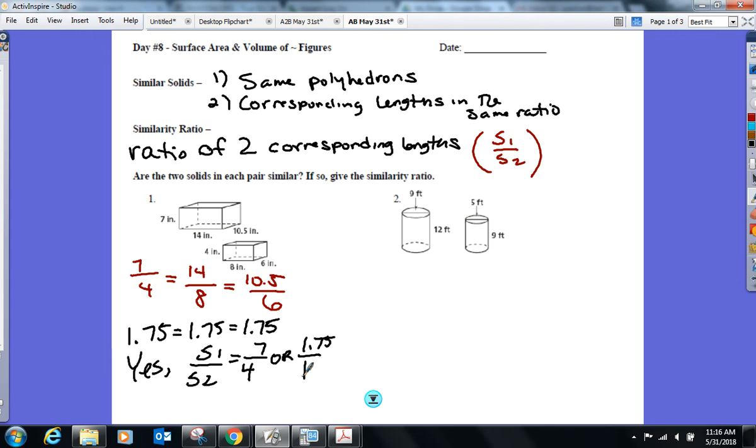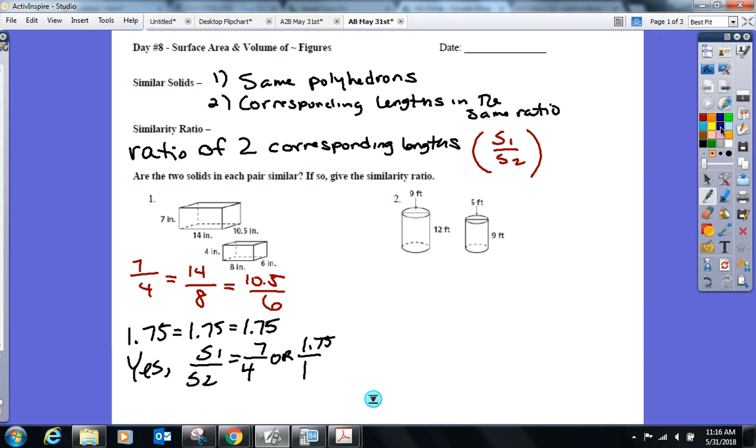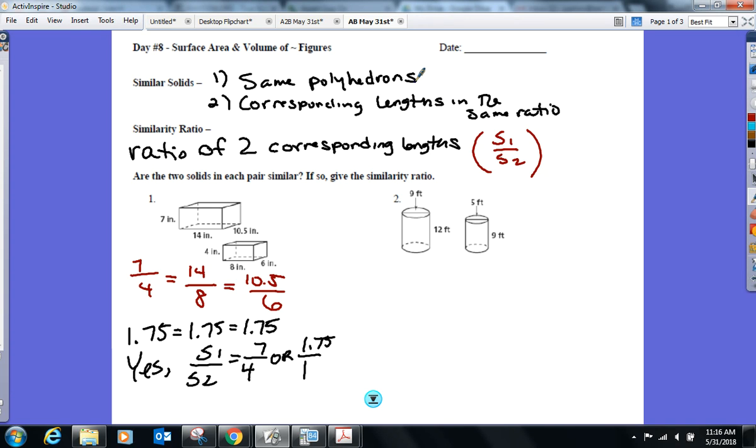How about these cylinders? Well, they're both cylinders. There's number 1 checked off. How about corresponding side lengths? 9 over 5, same as 12 over 9. What are you finding?